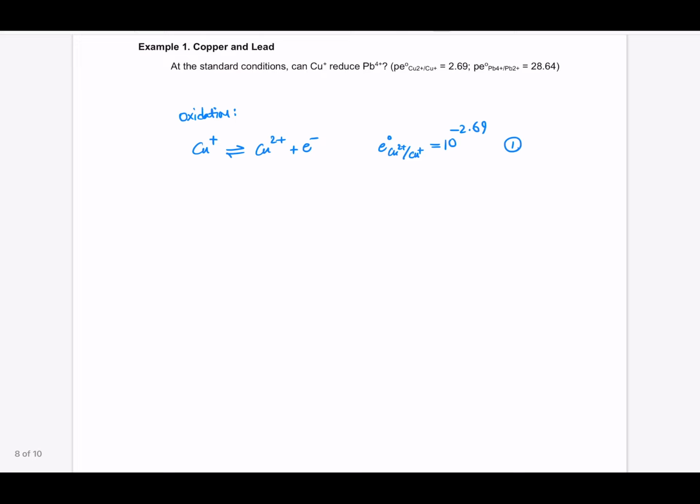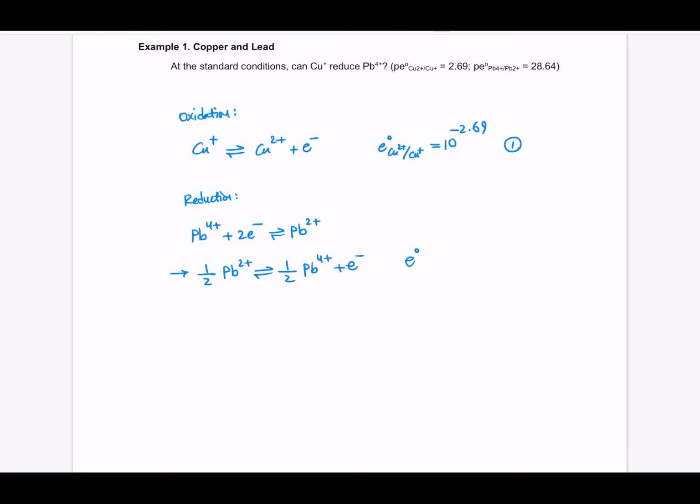So the next one is basically reduction. It's Pb4 plus forming Pb2 plus, again because of the pair given here. And to balance this, we need 2 electrons. There is no information about this reaction in this form, rather we need to make it in the standard form. So half of Pb2 plus forming half of Pb4 plus electron.